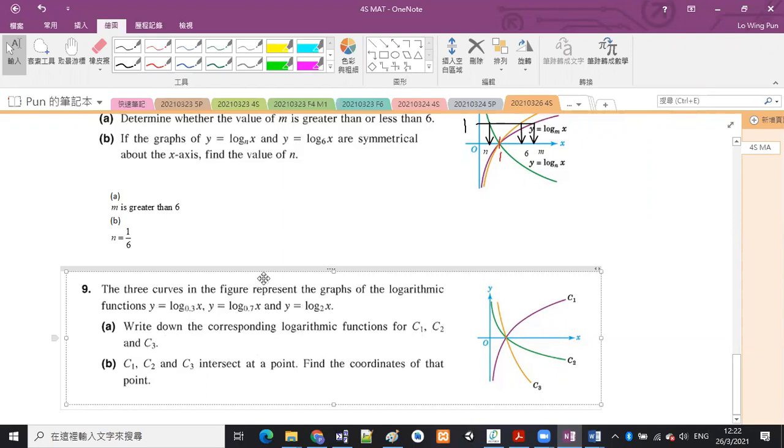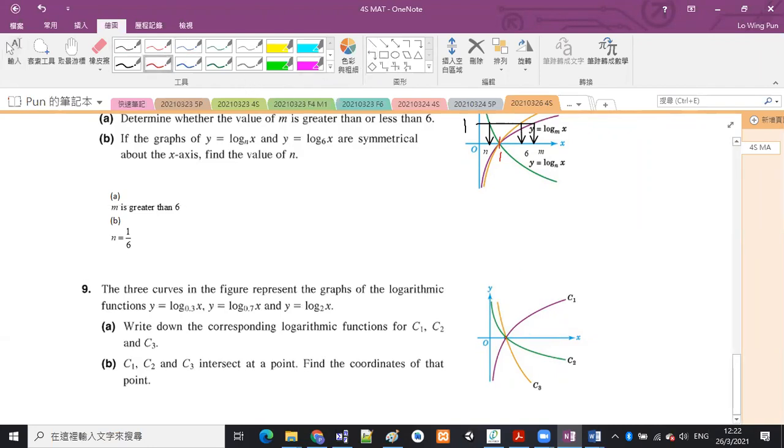This time I need to match each curve to its function, right? Okay, we do the same as before. This point is x equals 1, right? We start from y equals 1. That is somewhere here.